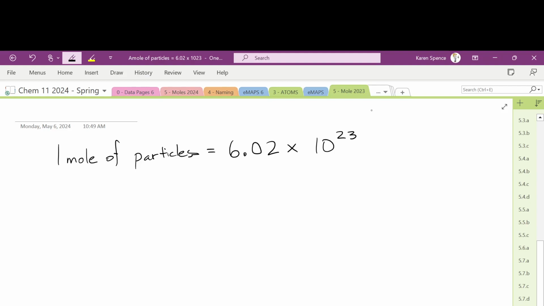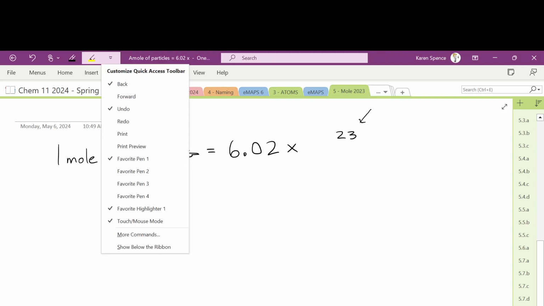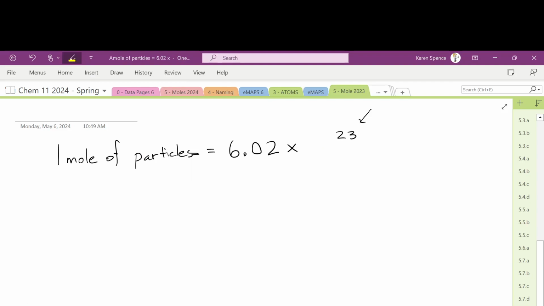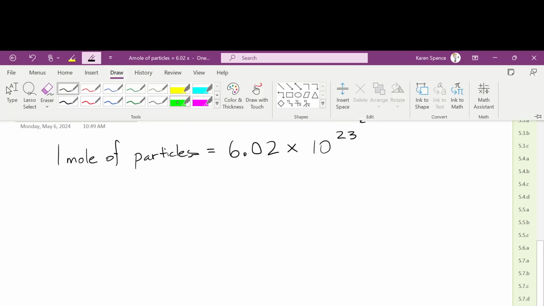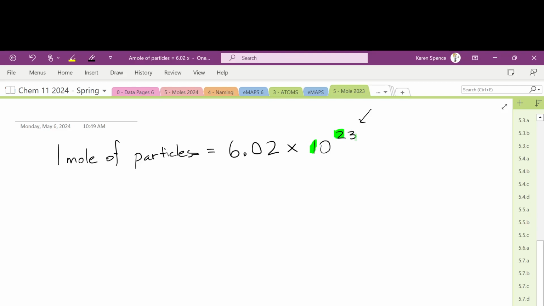If you have trouble remembering this exponent, it's as easy as 1, 2, 3. Isn't that nice? So if you're wondering, was it 22? Was it 24? It's 10 to the 23. 1, 2, 3, essentially. Okay? So you can use that as a conversion factor.